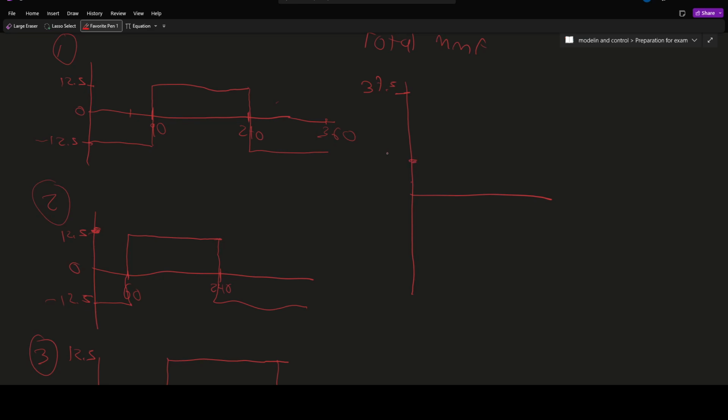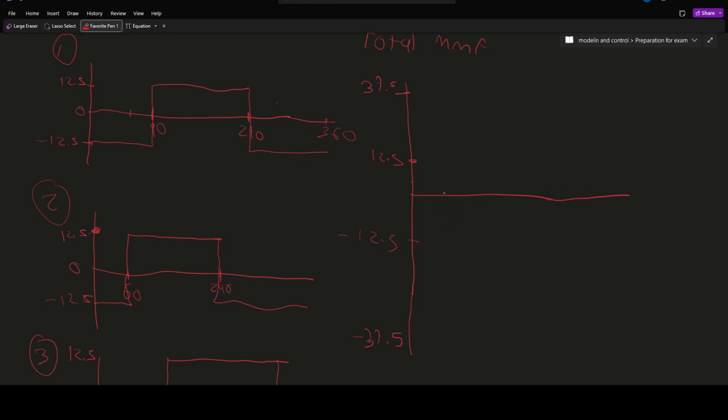We are going to have our 12.5, our minus 12.5, and our minus 37.5, 37.5.